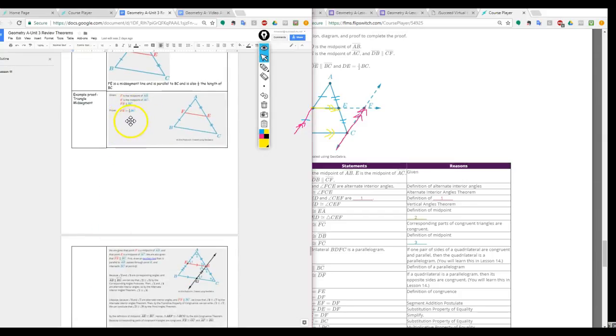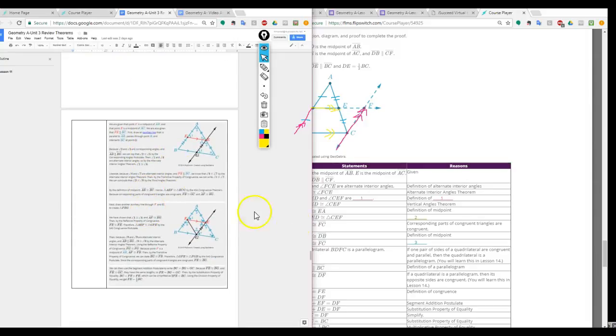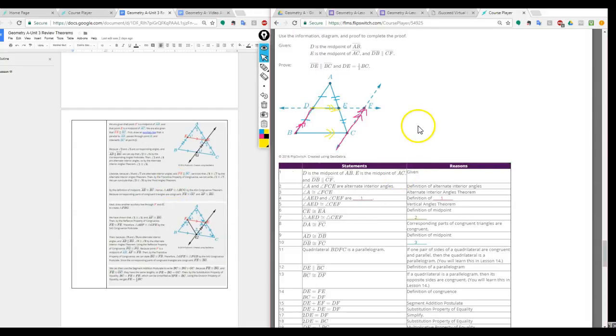It has the part to prove that it's half of the length. So we can scan this as a reference if we need to. So let's go through and see if we can find our solutions with what's given.